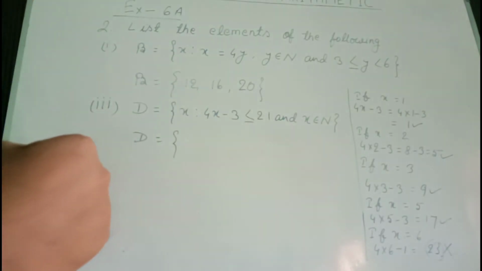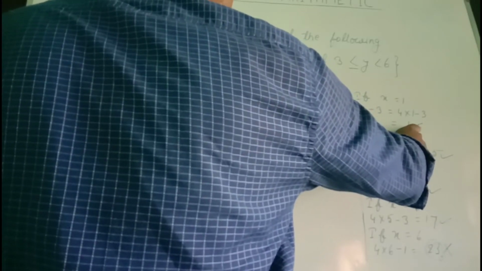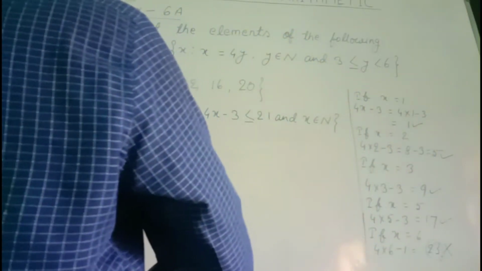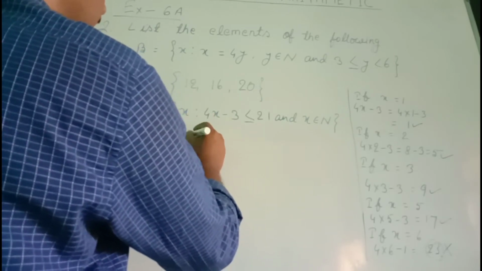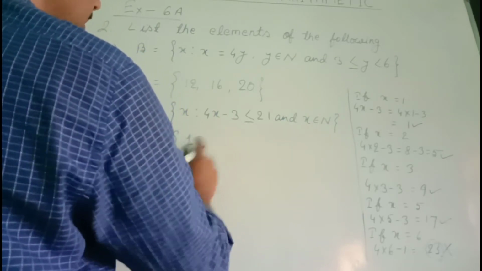First, if you take x equal to 1, then 4x minus 3 equals 4 into 1 minus 3, which equals 1. So this is smaller than or equal to 21. So the first element became 1.